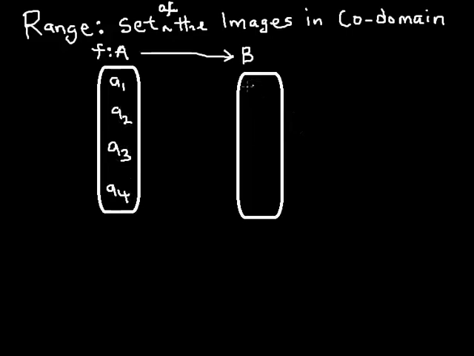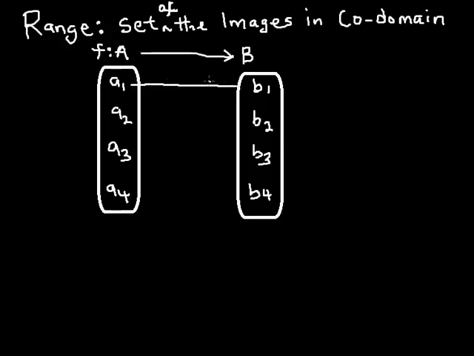Then of course the codomain, I had B1, B2, B3, and B4. So you know that from B1 to B4 they are my codomain. But not all the codomain was actually mapped. Not all the codomain are actually my image, right?